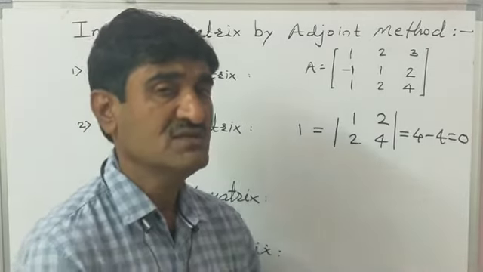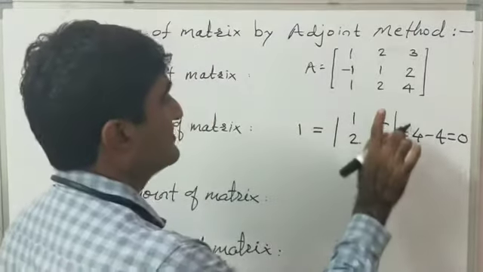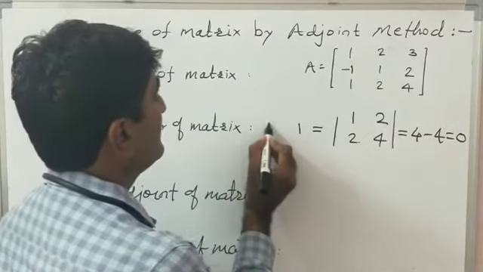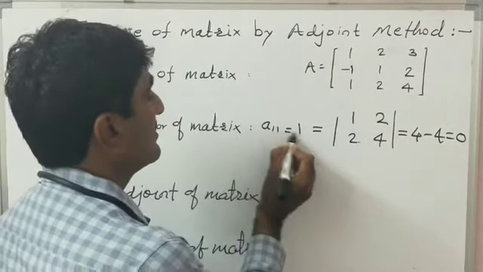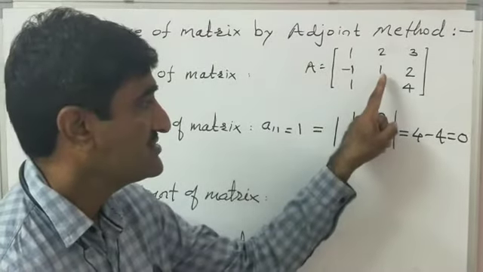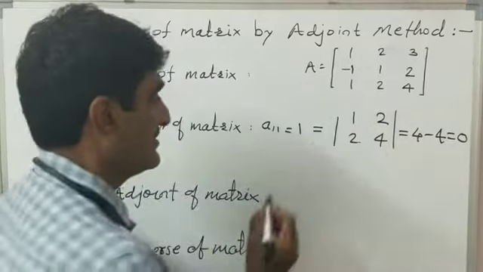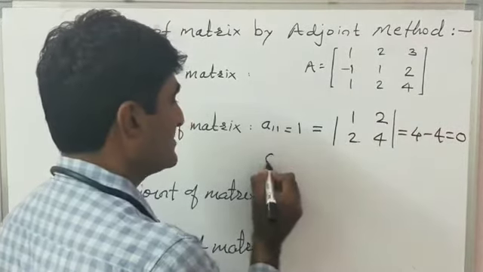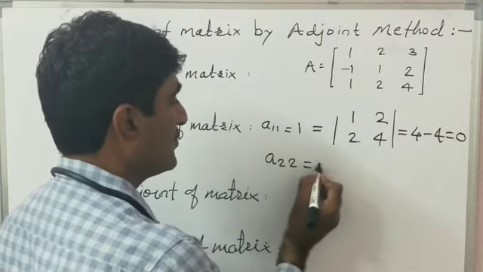Now choose any other element. If we consider this element, it is in row 2 and column 2, that is A22, and it is 1.